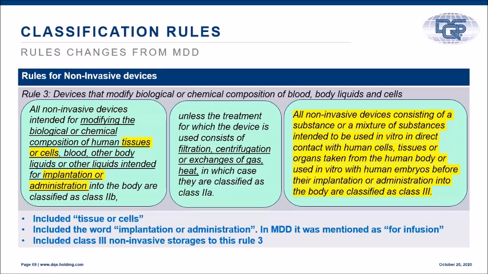The other thing you see is all non-invasive devices consisting of a substance or a mixture of substances intended to be used in vitro in direct contact with human cells, tissues, or organs taken from the human body, or used in vitro with human embryos before their implantation or administration into the body, are classified as class 3. This is a new thing which has come up in MDR.